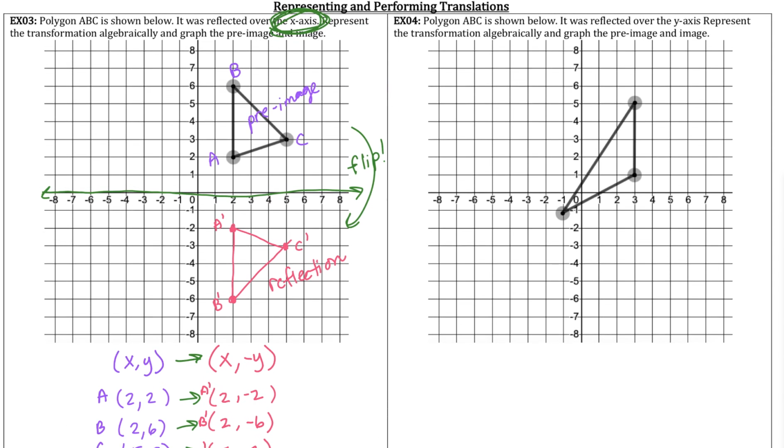So let's do this next one, polygon ABC. So let's label that polygon A, B, C. So this was flipped over the y-axis. So here's our line of reflection. So this is our y-axis. So we're flipping like this, but this end will come over here. So it's like this goes to here, this goes over here.